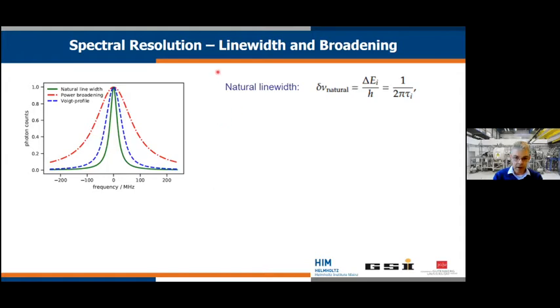If you have an atomic transition, then of course you will get a certain spectral response function. This would be the number of photons, in a normalized way, as a function of frequency. The natural line width Δν is, according to the uncertainty principle, related to the lifetime of the excited state, and that would usually give you this green curve, of a Lorentzian shape.